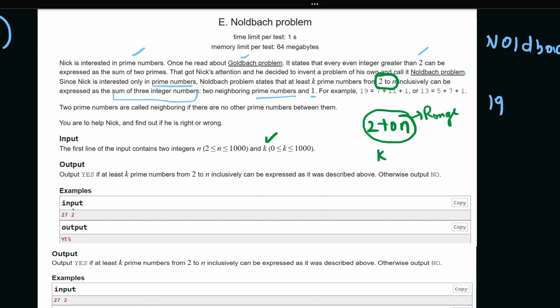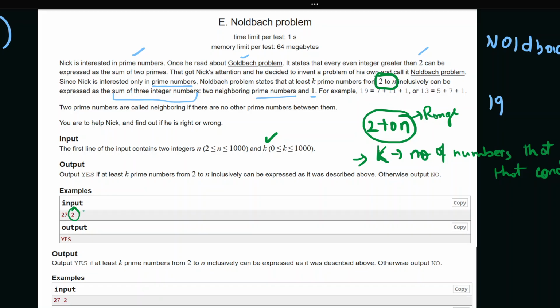K is the number of numbers that satisfy that condition. It needs to be at least k.